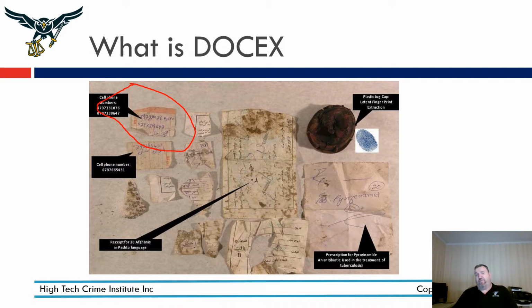We also might be able to say that this individual, since he has the handwritten number of somebody, may be closer to that person than if they had a torn out magazine article with a phone number on it, for example. So there's also a little bit more of personalization when you have these handwritten notes and things such as this. Now, knowing the type of language obviously helps us out.